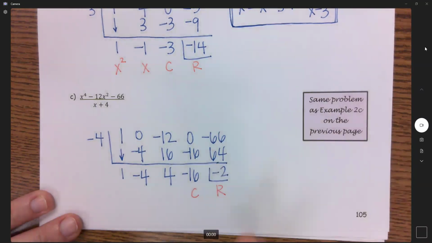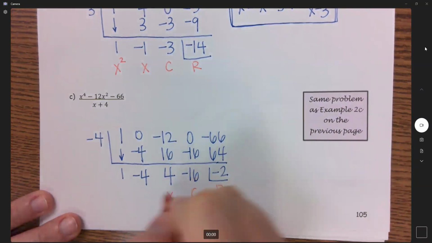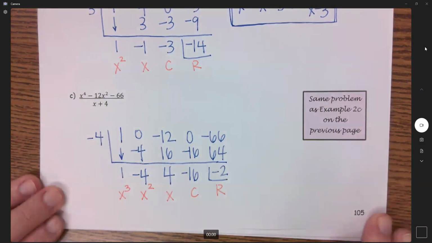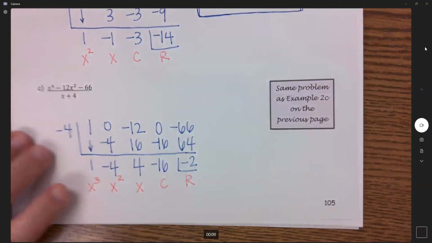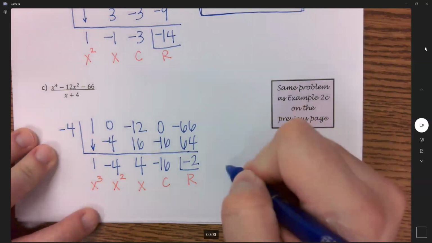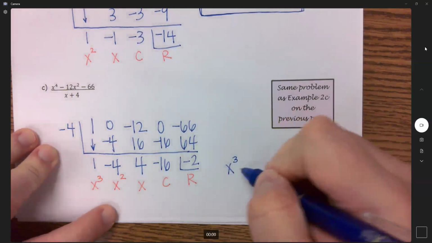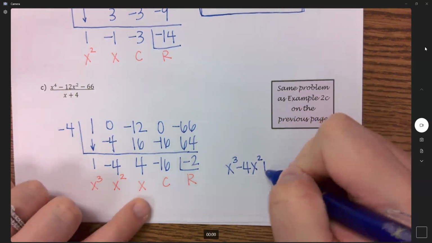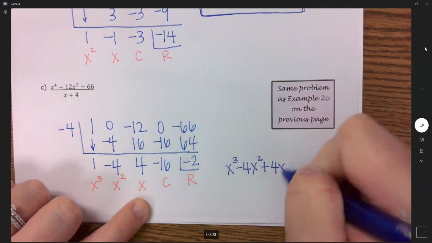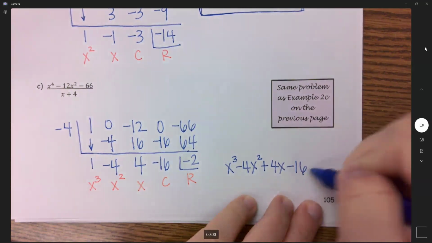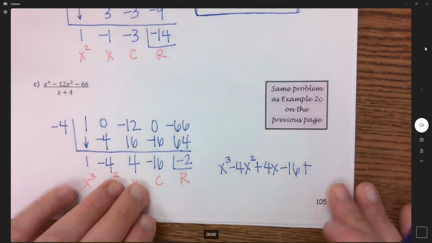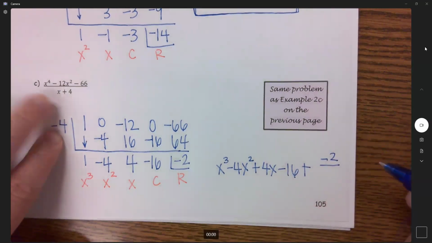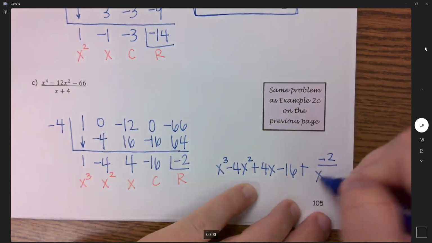Then it goes constant, x, and keeps going up. So x squared. And now for the first time, we have an x cubed. So my answer is 1x cubed, or just x cubed, minus 4x squared, plus 4x minus 16, plus my remainder of negative 2 over x plus 4.